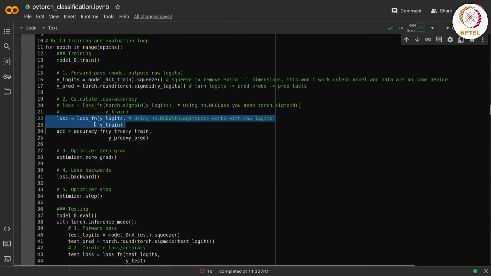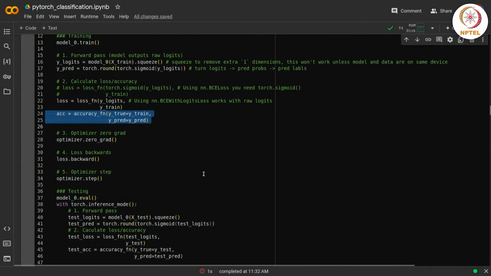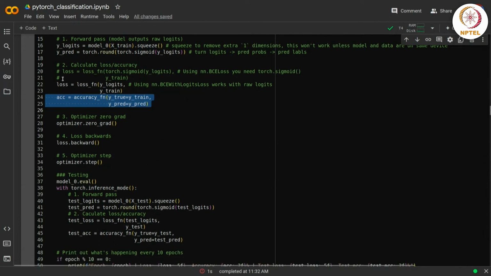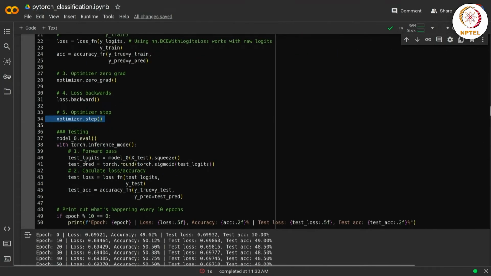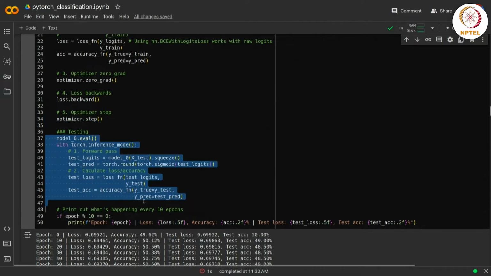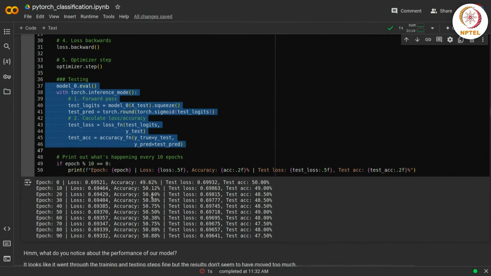To the loss function, you have to give y logits and y train, and based on that you can compute some accuracy as well. Now based on the loss, you will do backward propagation, and then based on that gradient calculation, you will do an optimization step, followed by an evaluation at the end of each epoch.